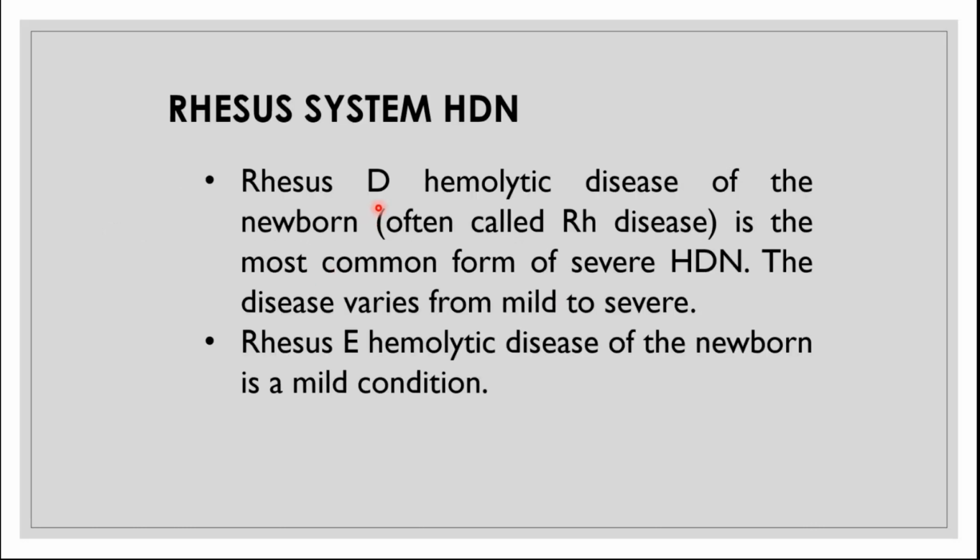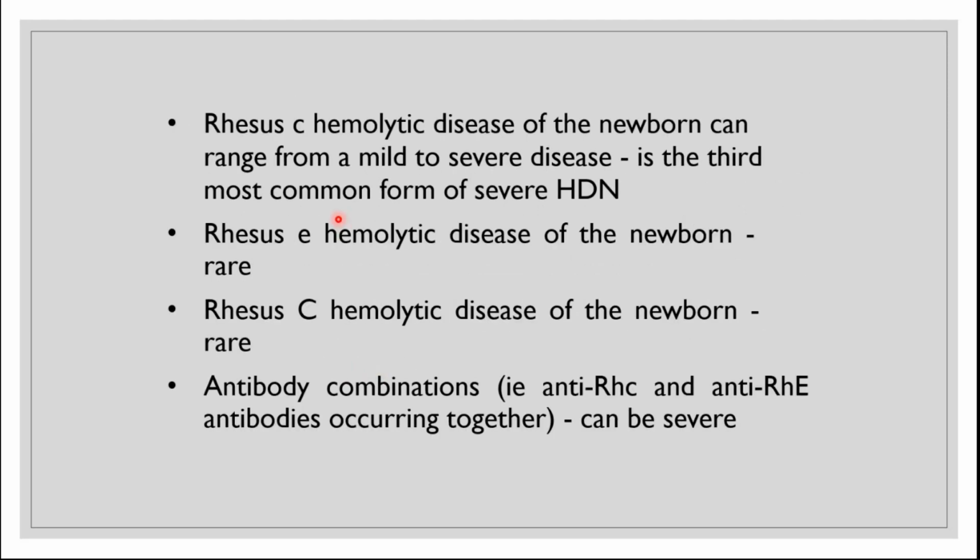Okay, now we move to the next HDN, the rhesus system. Rhesus D hemolytic disease of the newborn, often called rhesus disease, is the most common form of severe HDN. The disease varies from mild to severe. Rhesus E hemolytic disease of the newborn is a mild condition.